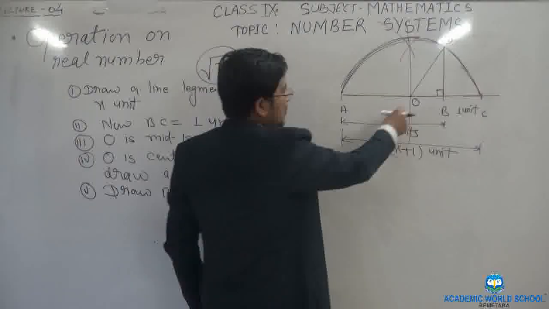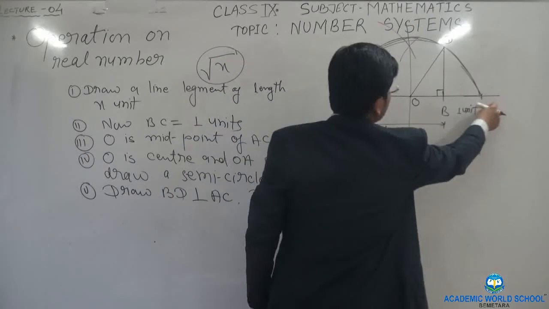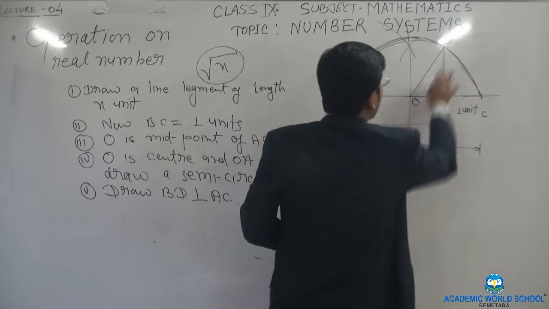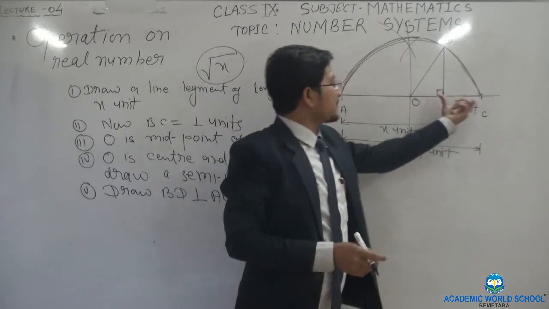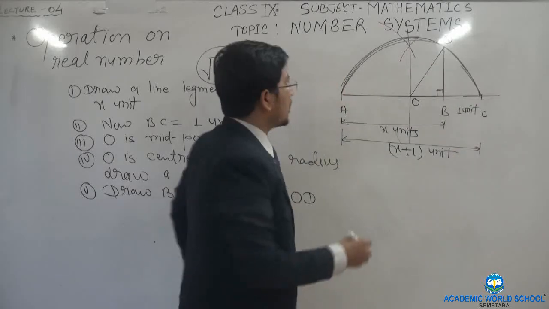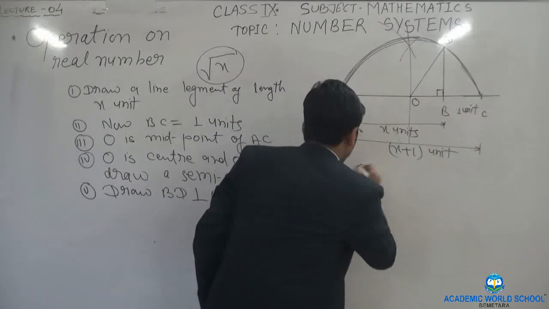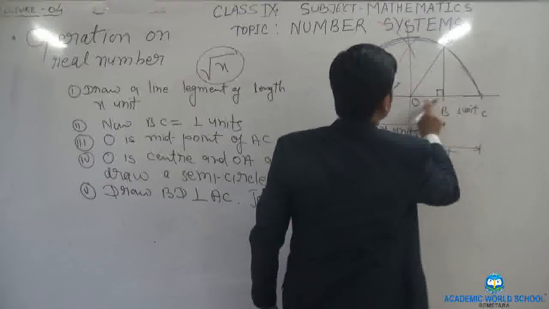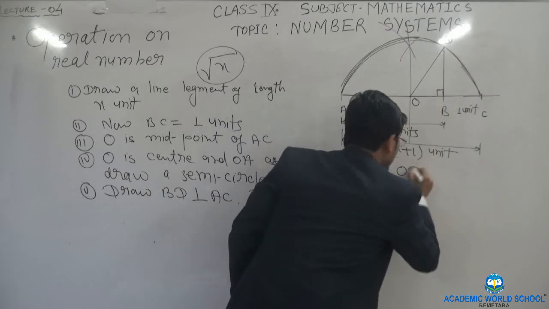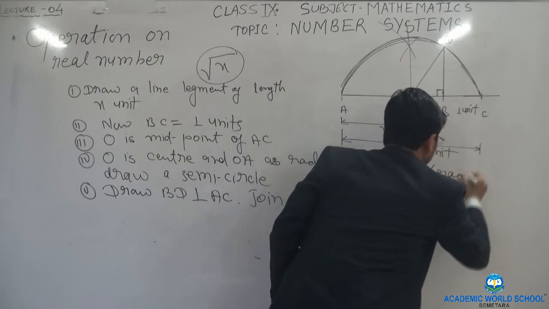Now OC and OD are radii of the same circle, so they are equal. OC is equal to OD, radii of the same circle.